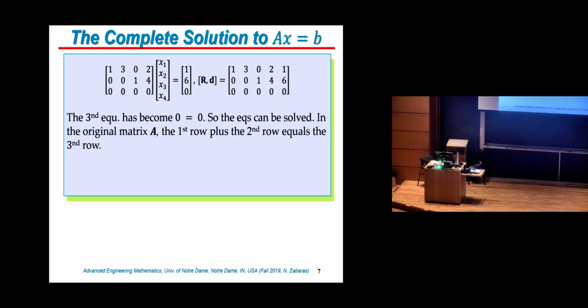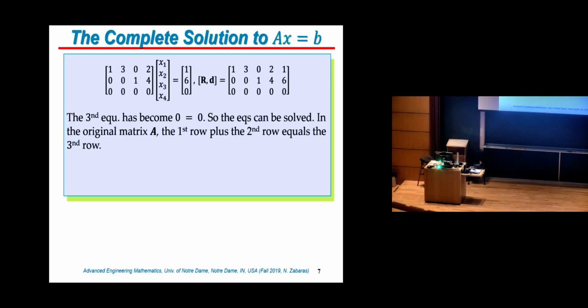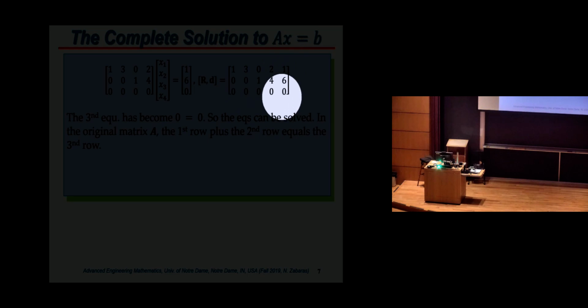To 0. So remember this matrix R, the first part, right? The 1, 6, 0 is the right-hand side. This first part contains the identity matrix multiplying x1 and x3, and then what we call the F matrix, which is 3, 0, 2, 4, multiplying the free variables. And that is equal to the right-hand side, which is 1, 6, and 0.